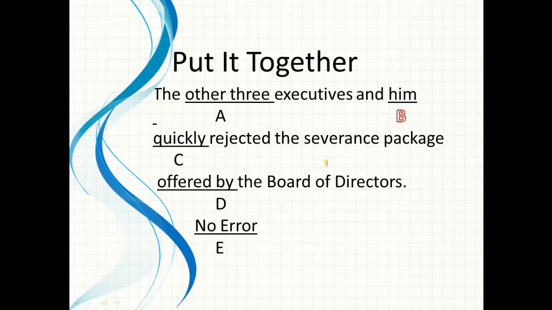Let's put it together now. The other three executives and him quickly rejected the severance package offered by the board of directors. If there was no error, we would choose E. By reading it out loud, we thought we heard an error.